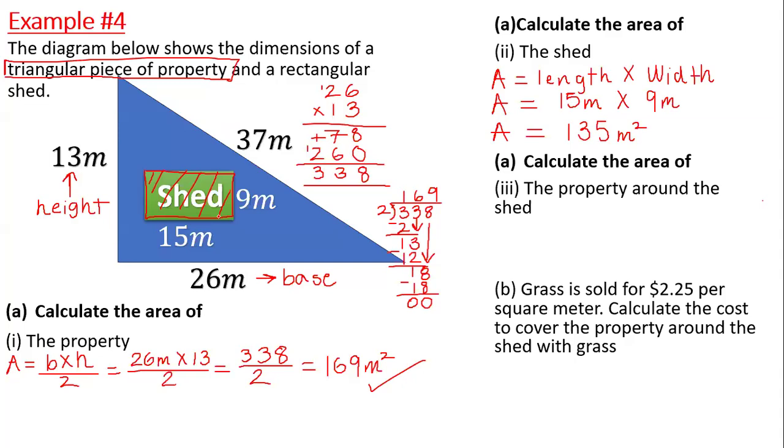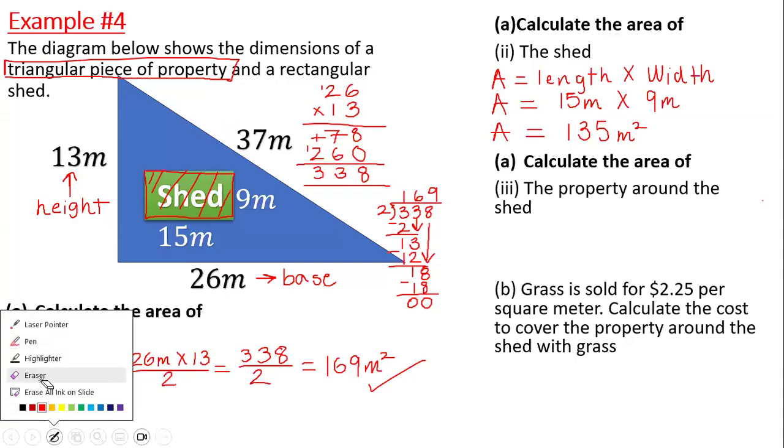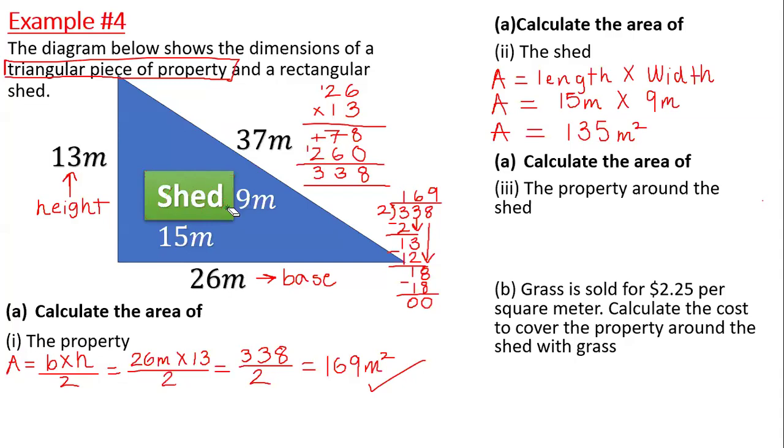All right. Next, we want the property around the shed. What are we going to do for that one? I'm going to subtract the area of the shed from the property. Very good.